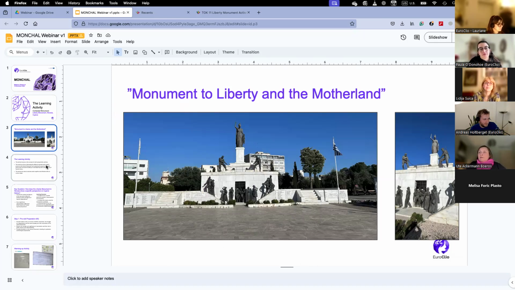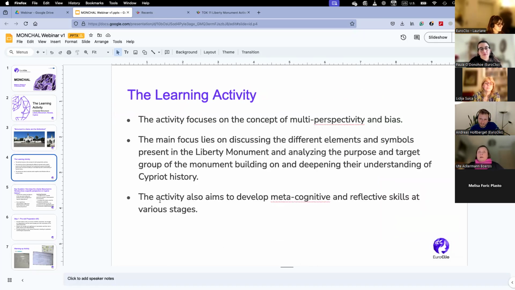So I want to start by talking to you about the learning activity in general. This activity focuses on the concept of multi-perspectivity and bias. Initially, one part of the activity focuses on discussing the different elements and symbols presented in the Liberty Monument.